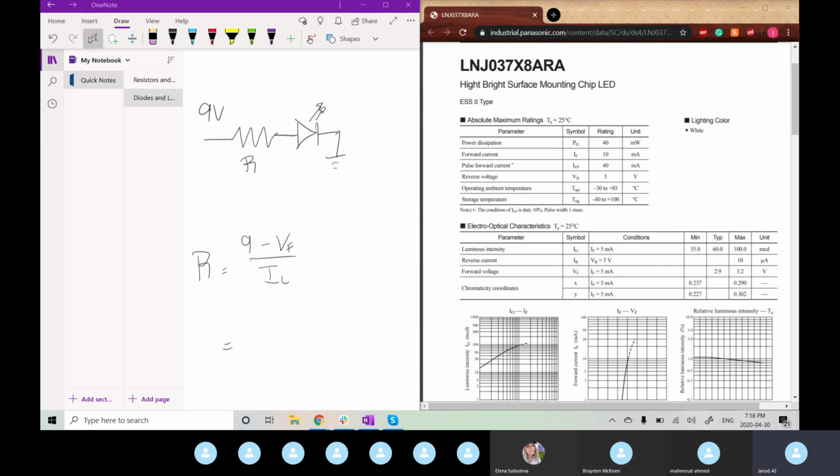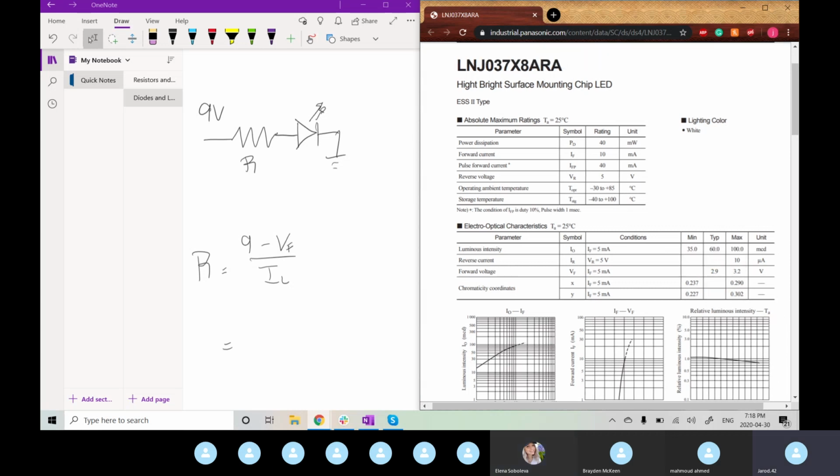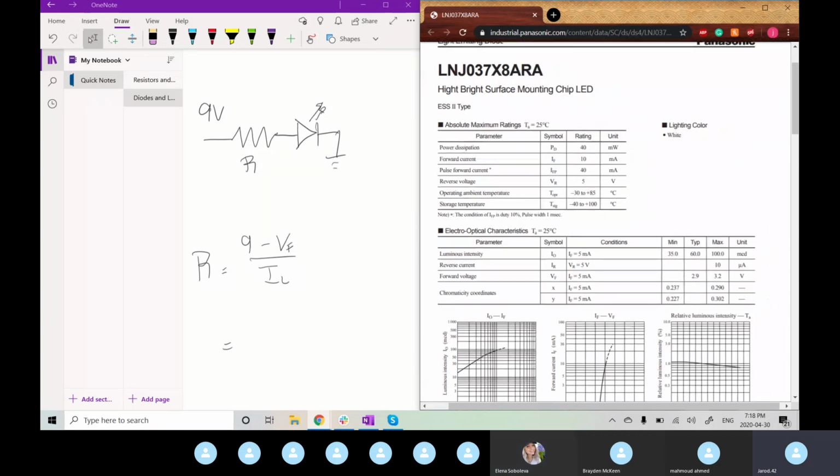What'd you go with? 2.9. I use 2.9 as well. So we have your 2.9 volts. So whatever, 9 minus 2.9.